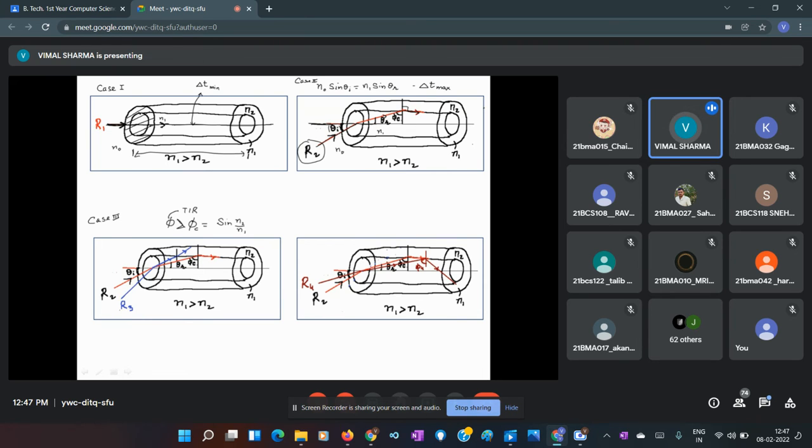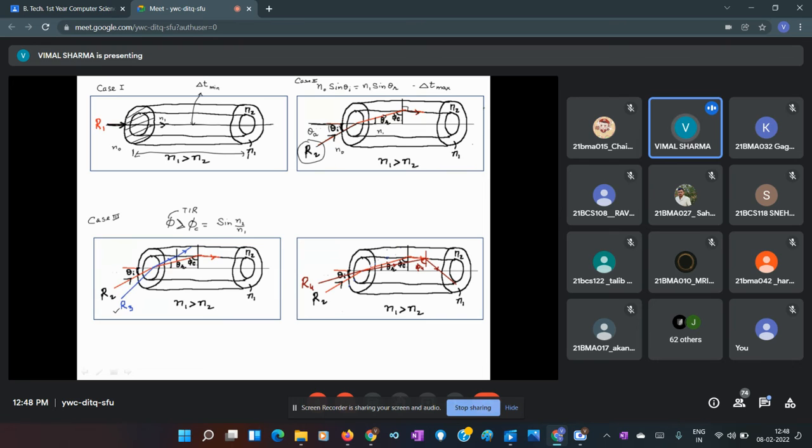Okay, so let us choose one more ray. This is my ray R3, which I'm making incident at an angle greater than this angle. I said that this is theta A, the angle of acceptance.